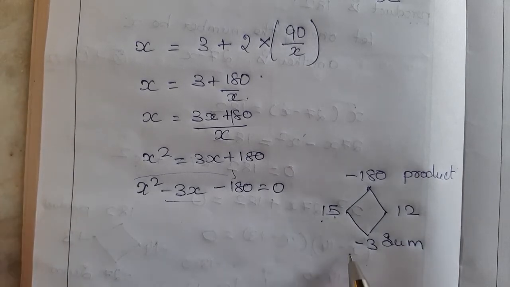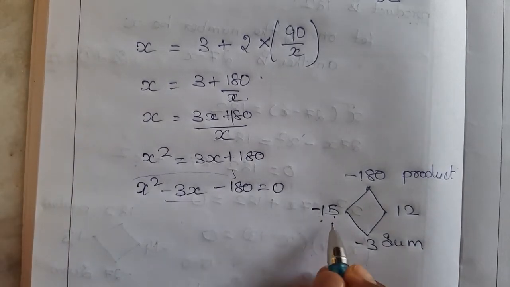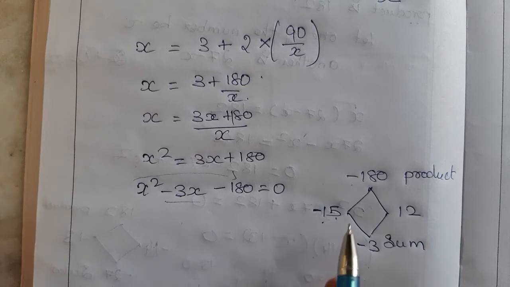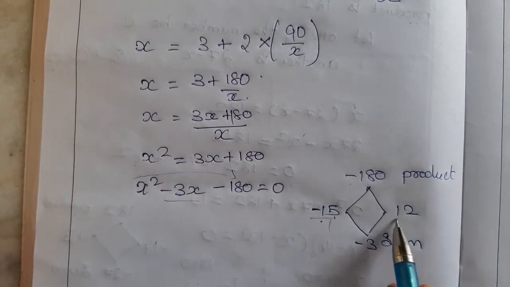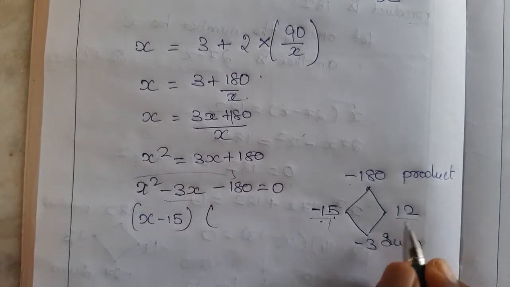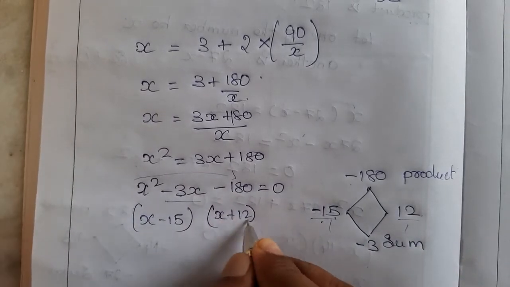We need minus 3, so we'll make minus for the greater number. So minus 15 plus 12 becomes minus 3, and in the multiplication it will get minus 180. So it will become x minus 15 into x plus 12 equal to 0.